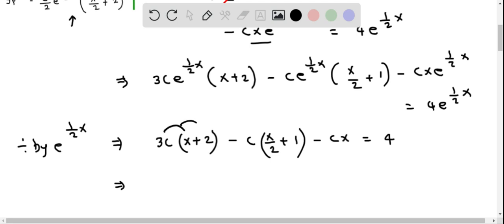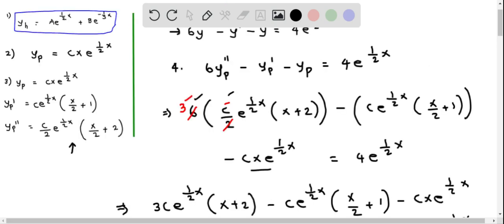Let's distribute this first. This equals 3cx. 3c times 2 is 6c, and this one is negative cx by 2, then negative c, negative cx, and this equals 4.